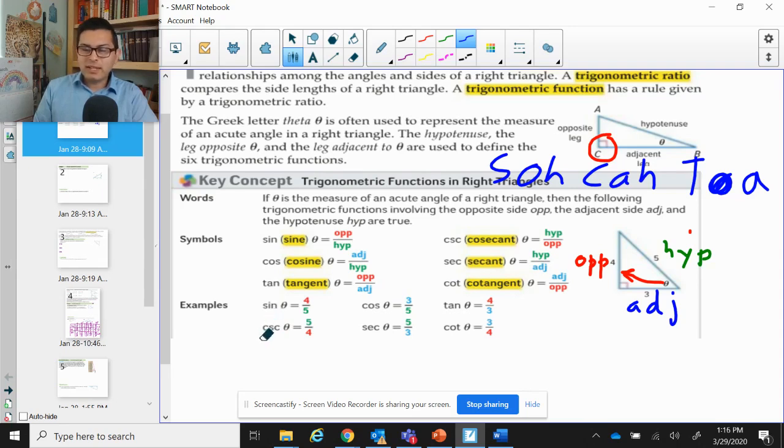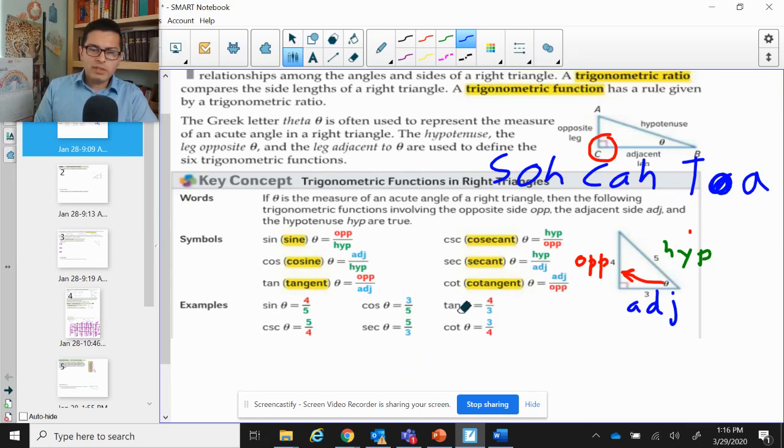Now let's look at the next connecting trig functions. Cosine and secant are connected. They too are reciprocals. So instead of our cosine of theta being 3 over 5, our secant of theta will be 5 over 3. We just took the reciprocal of this.